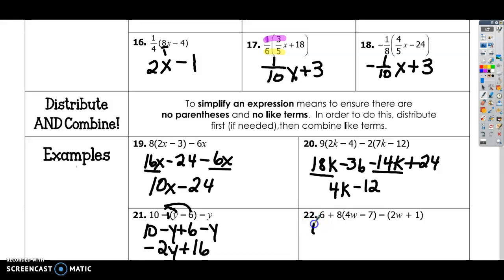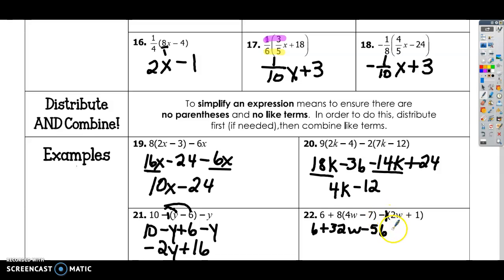All right, 22, bring down your 6 plus 32w minus 8 times negative 7 is negative 56. And then over here again, we're distributing a negative. If you want to put a 1 there, so you know that's a 1, you can do that. You don't have to do that, but some people like to do that.